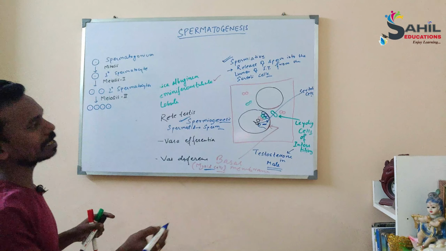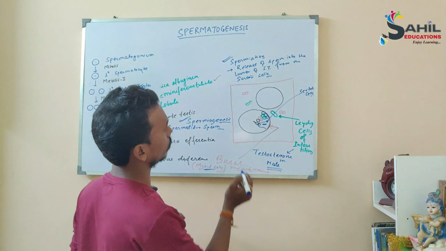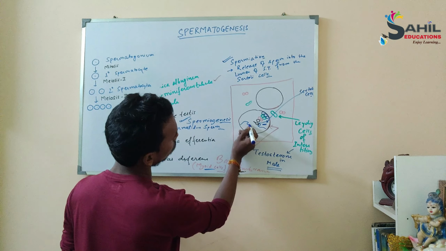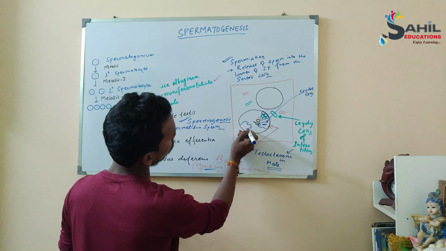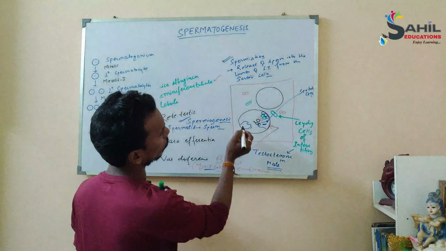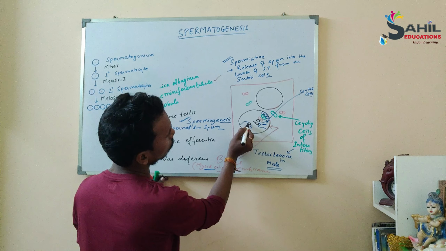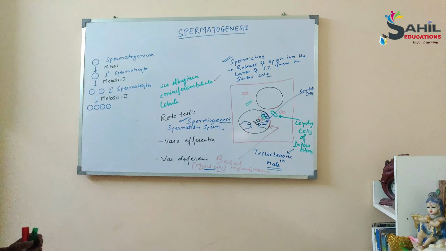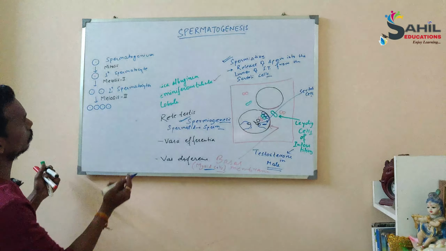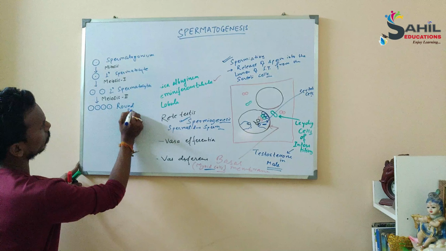These 4 round cells are just embedded in the Sertoli cells. Look, if this is your Sertoli cell, the cells embed like this, and these cells are known as spermatid, round spermatid.